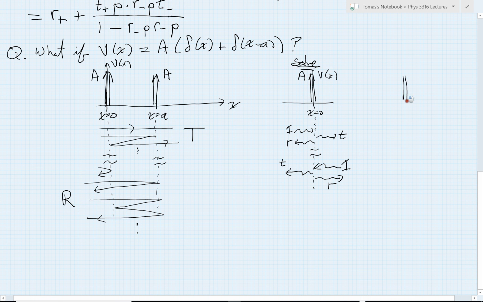Likewise, when my delta function is centered not at x equals 0, but is centered here at x equals a, it's a very similar story, right? Physics doesn't care about the origin of my coordinate system. So indeed, once again, if I send in a unit wave, there will be a transmission, and it will have the same transmission amplitude t as my original problem did, and similarly for the reflection coefficient r.